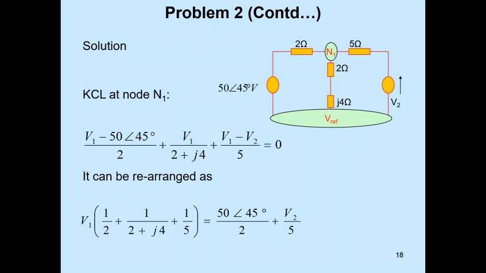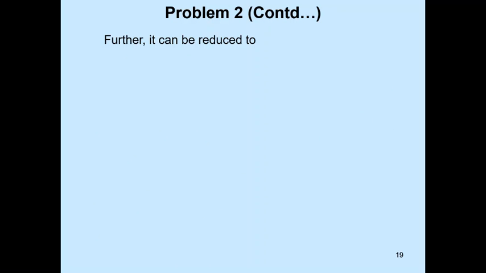Now we have to find V2. But here the condition is that the current through 2 plus j4 is 0. Once the current across 2 plus j4 is 0, the voltage across 2 plus j4 is also 0.